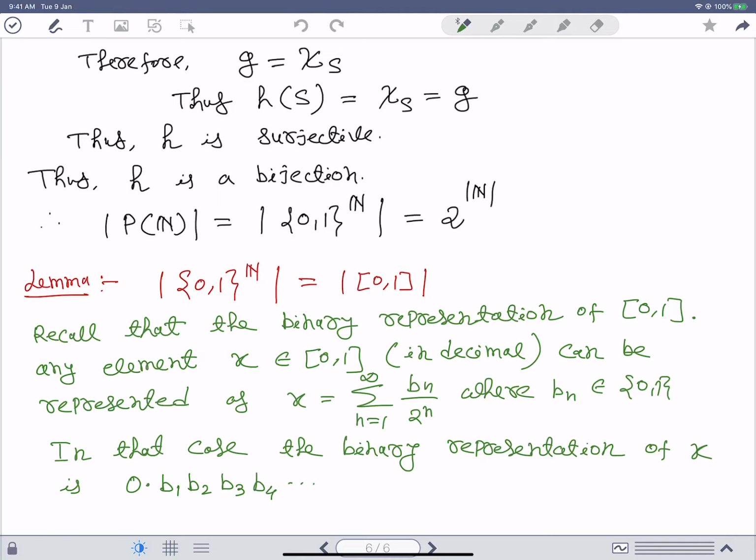So this is just the binary representation of real numbers, or in particular the binary representation of a point in the closed interval [0, 1]. Fine. Now this representation is not unique for countable cases. In fact, if you have a decimal representation of a number, then also it is not unique for countable number of cases. Why?